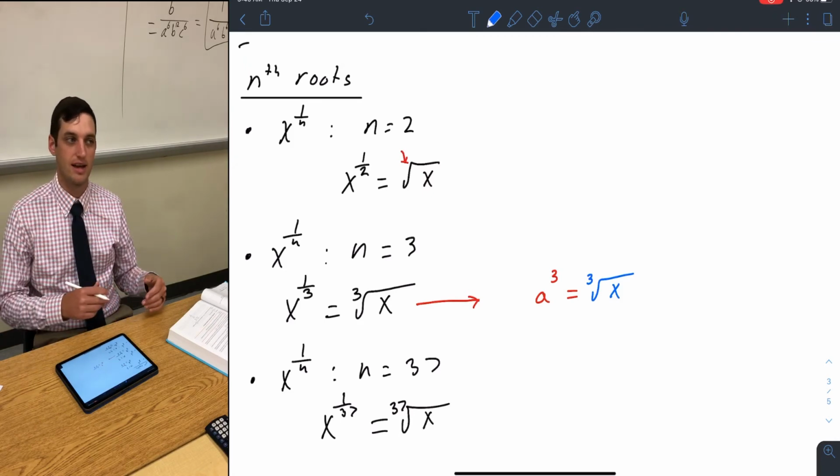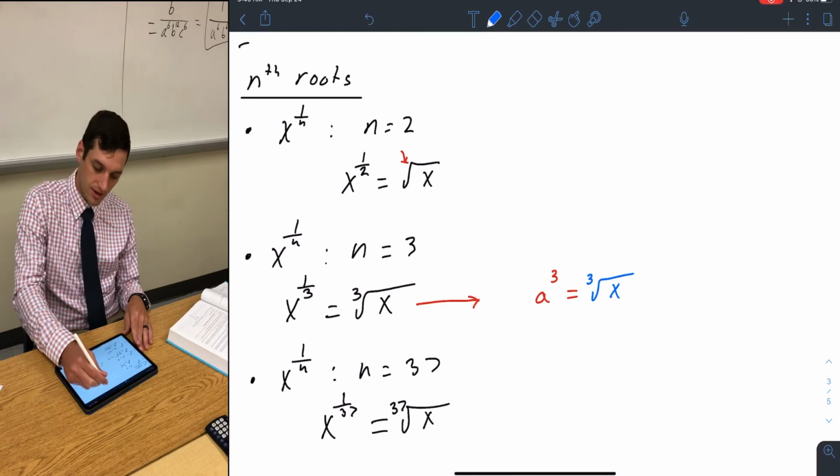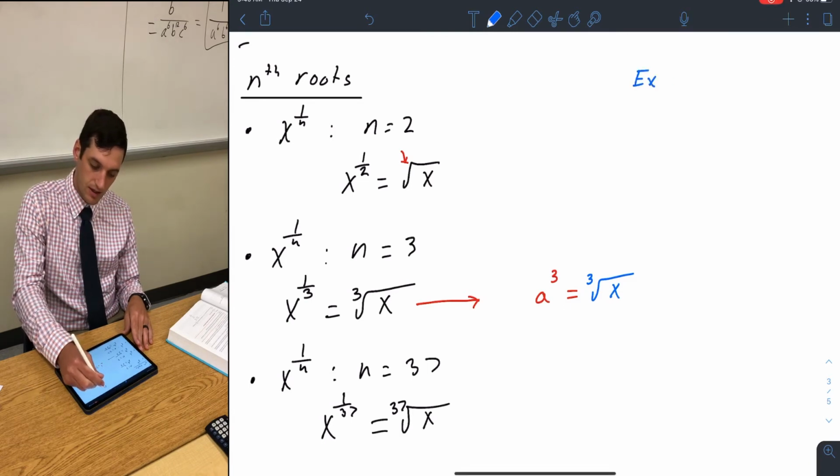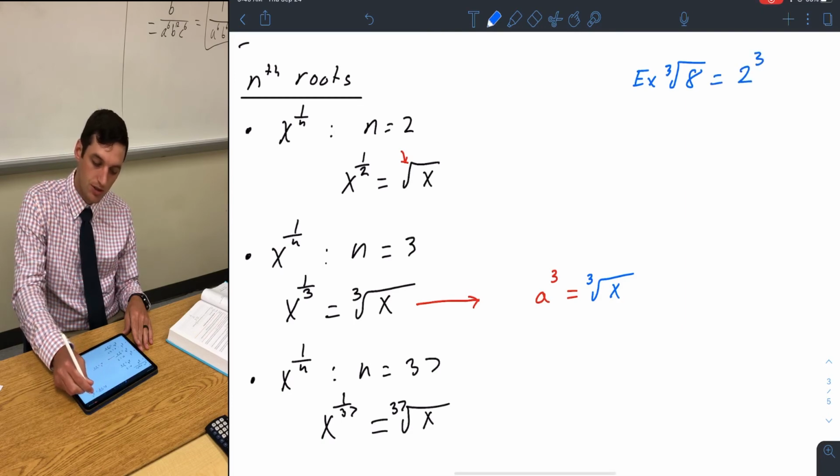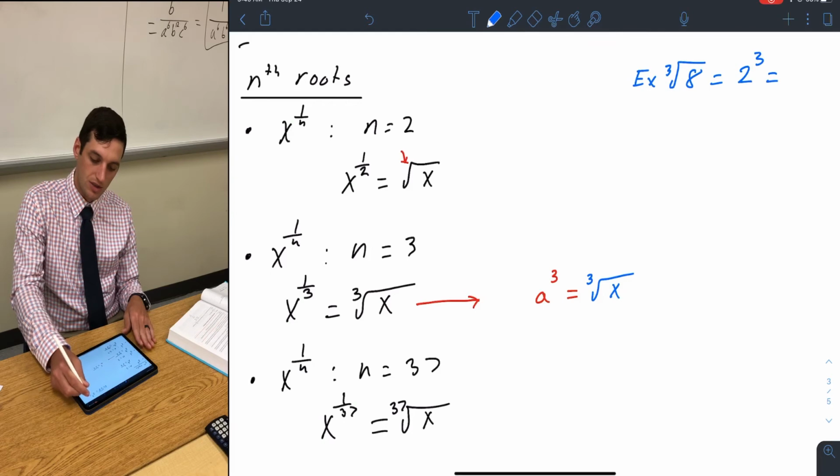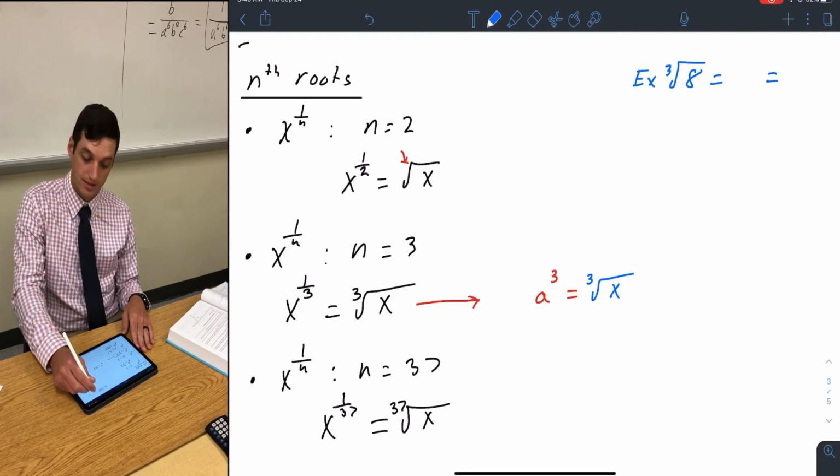So that means that, like, the cubed root of 8, let me write this as an example over here. The cubed root of 8 is equal to 2.